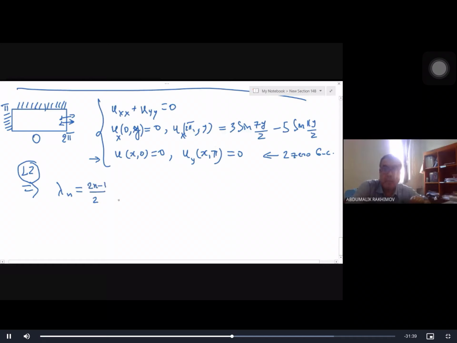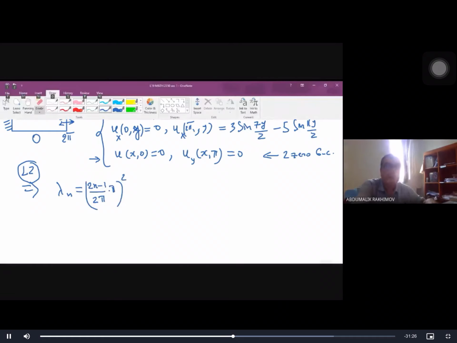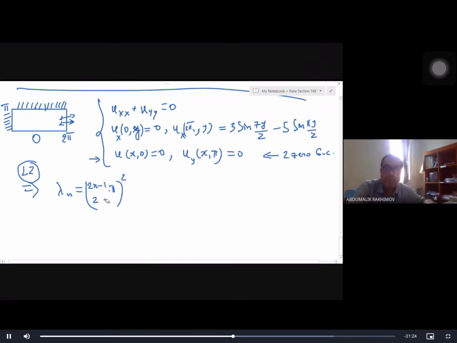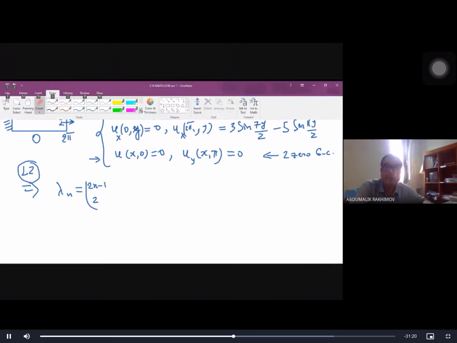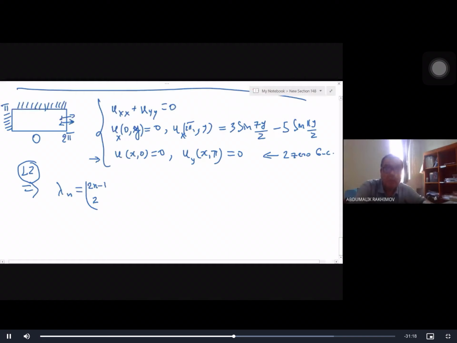What is the length? Length is equal to pi times pi square, right? This is a formula in lecture number 2. So pi and pi will be cancelling, so I can write it without pi, like this, squared.